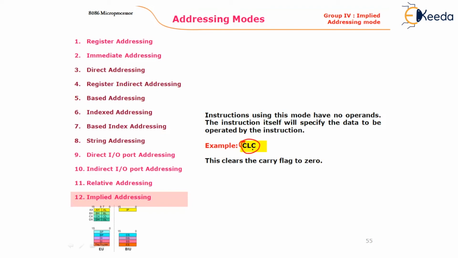CLC is a single instruction which is not supported by any operand at all, but CLC itself contains the operand. What is CLC? It clears the carry flag. The carry flag within the computer system will be cleared to 0. This is all about implied addressing mode. In the implied addressing mode, the instruction itself contains the actual operand. Operands can never be specified explicitly.